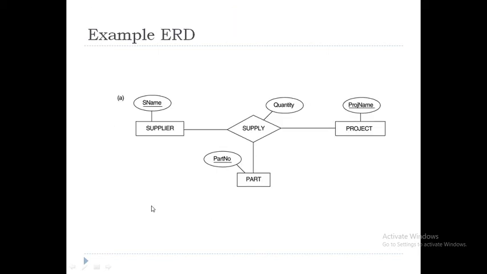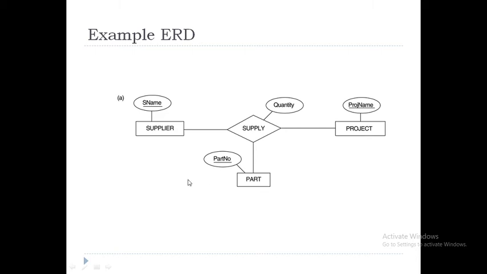Okay, now see the example here, supply is an N-ary relationship because it is relating 3 different entity types, supplier, project and part. So the cardinality of this relationship is 3. Okay, it is a ternary relationship. Now what we have to do, we have to create a separate relation for supply.